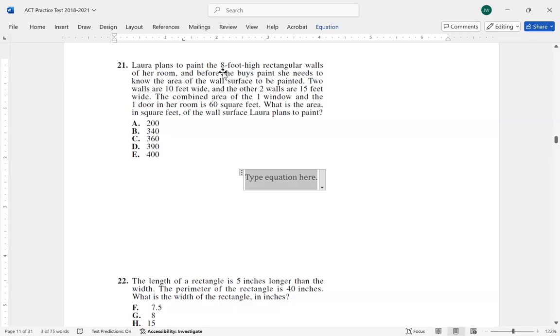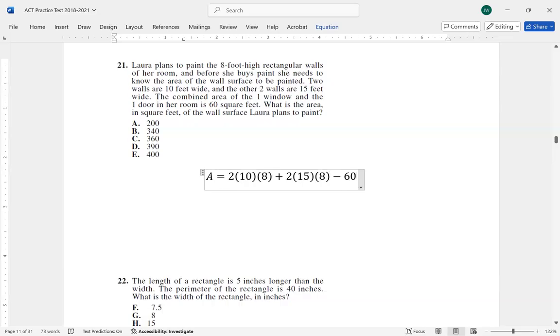Since all of the walls are 8 feet high, the total area is going to be, well, since she has two walls that are 10 feet wide by 8 feet tall, and another two walls that are 15 feet wide by 8 feet tall, she can then subtract out the number of square feet for the window and door, which is 60.